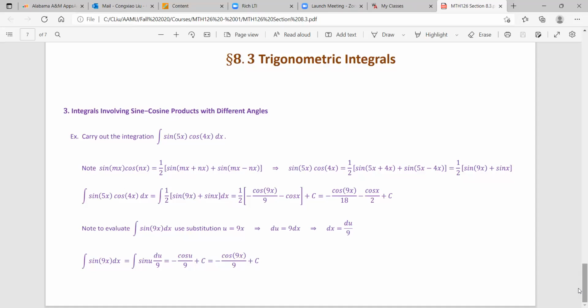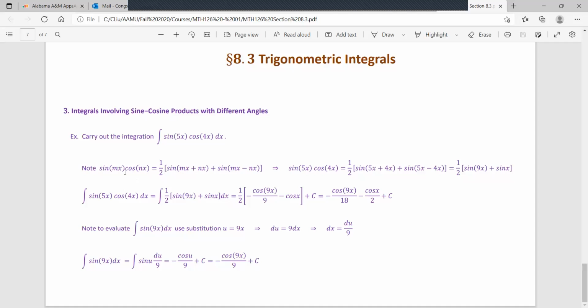In this case, we're going to use the trig identity from product to sum. So this is another property or identity for trig functions. The identity is sine mx cosine nx is equal to 1/2 times sine of mx plus nx plus sine of mx minus nx.